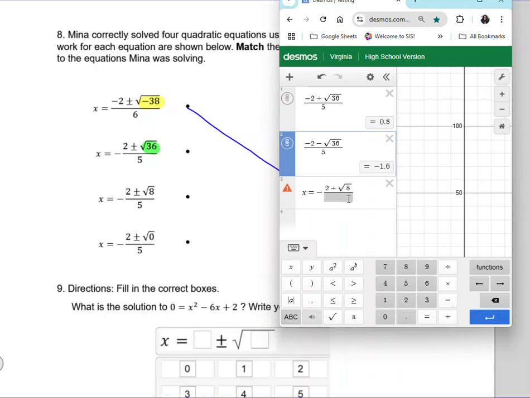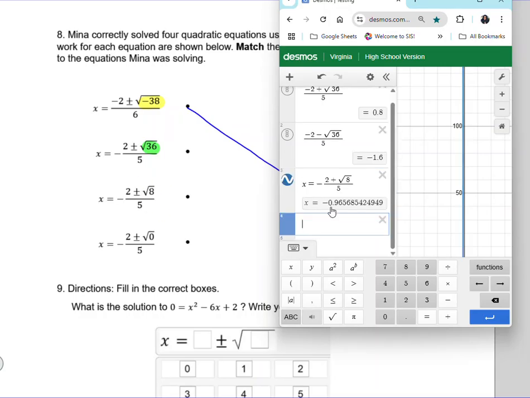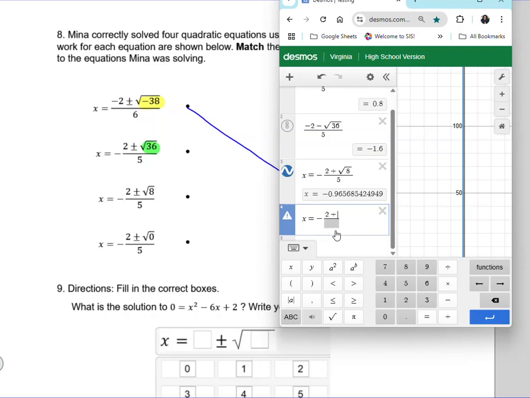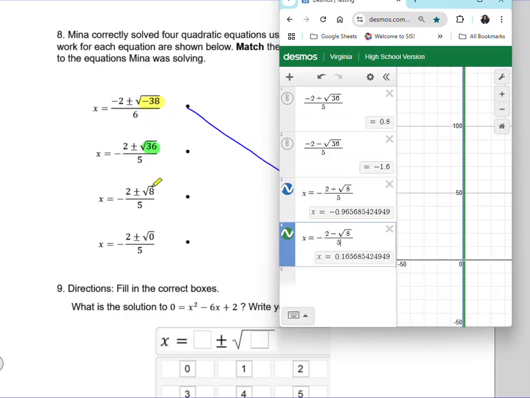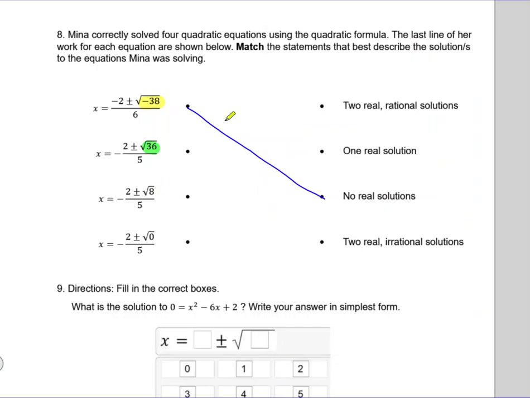They get cut off, right? But for this one right here, see how they look irrational? They are irrational solutions. You have -2 plus or minus square root of 8 over 5. So these two solutions with the square root of 8 are irrational. And with the square root of 36, these are two real rational solutions.